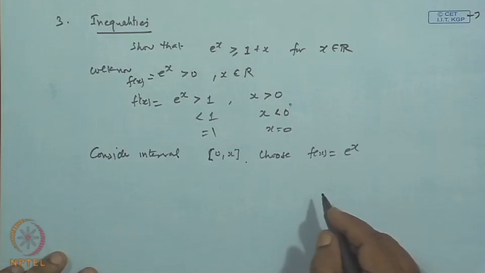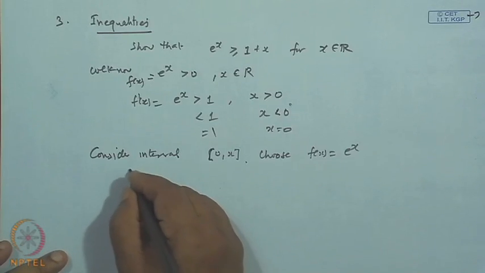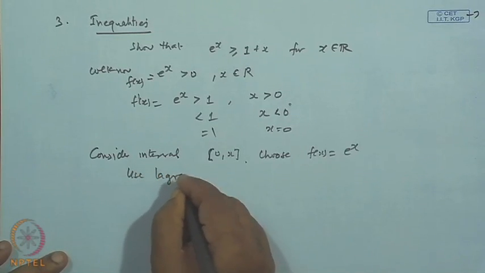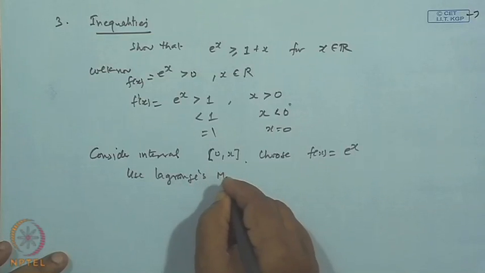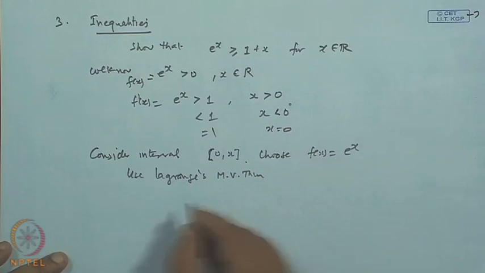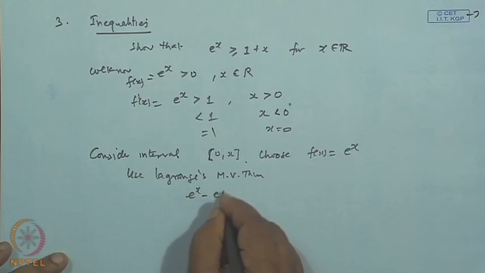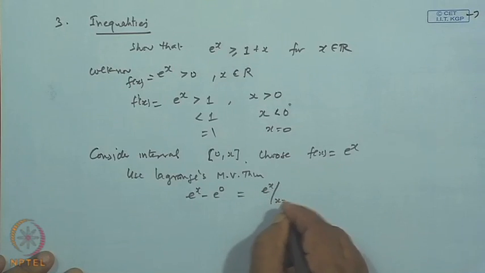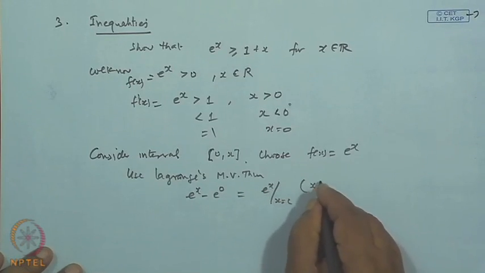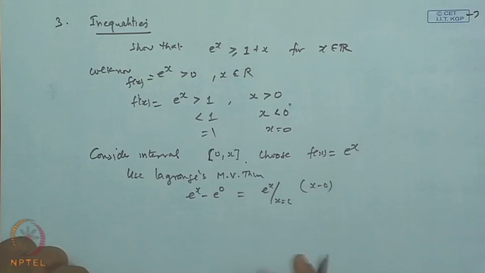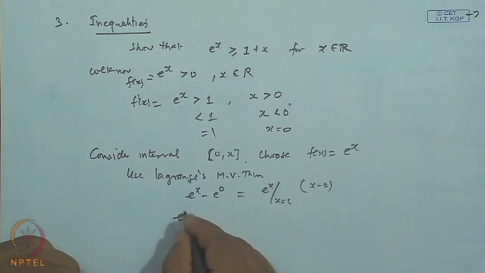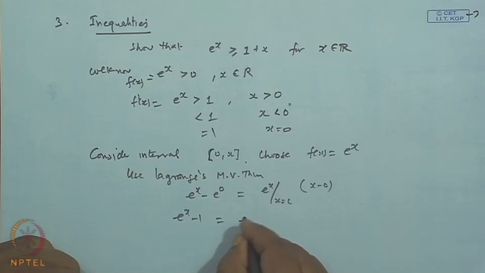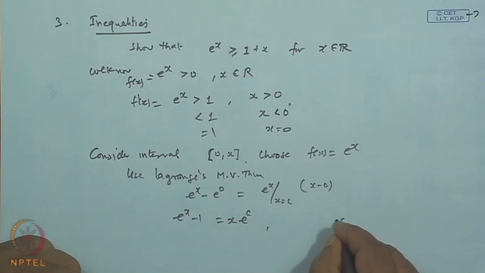So, by the Lagrange's mean value theorem, the difference of the function values at the end points is equal to the derivative of the function at the point x equal to c into the length of the interval. So, we get e to the power x minus 1 is equal to e to the power c into x, where c lies between 0 and x.